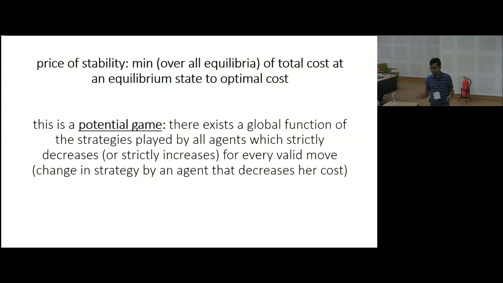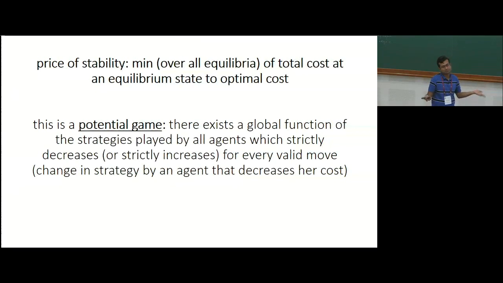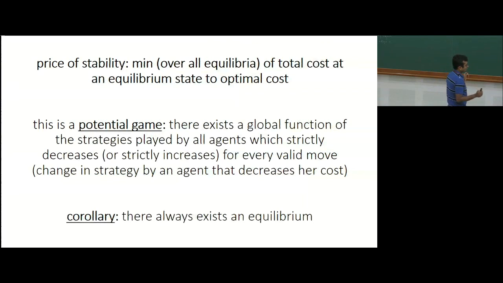And you can show that whenever an agent makes an improving move, moving to a cheaper path, the global potential of the system decreases. If the global potential also has some kind of a lower bound, typically by showing that it is non-negative, one thing that this immediately implies is that there must be an equilibrium in this game.